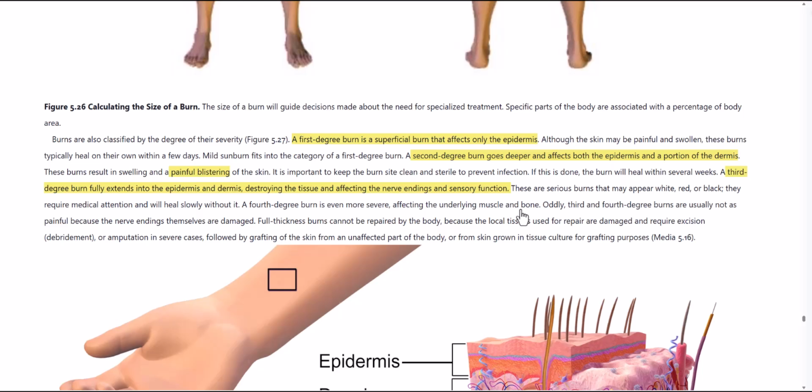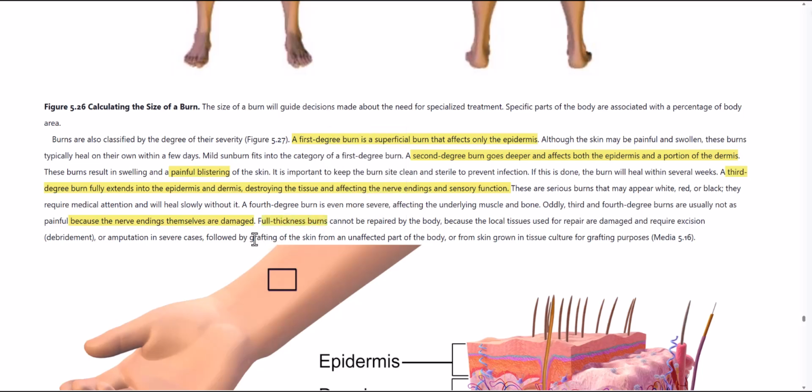But the interesting thing about third-degree burns is that they typically don't hurt too much because the nerve endings have all been destroyed. Third-degree burns are also referred to as full-thickness burns because you have fully destroyed the entire cutaneous membrane. And full-thickness burns typically cannot heal on their own. It is going to require grafting.